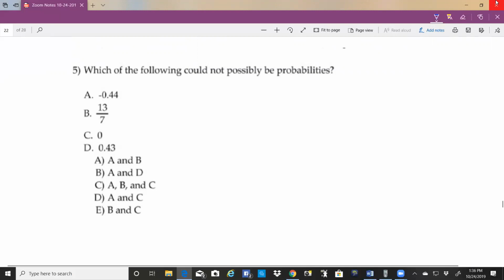Anybody got an answer? Charisma. I'd say A and B.